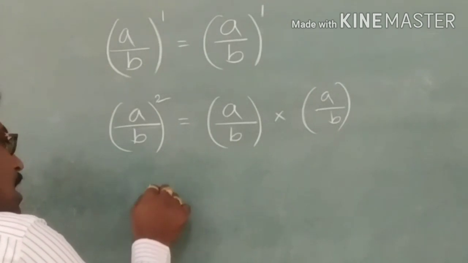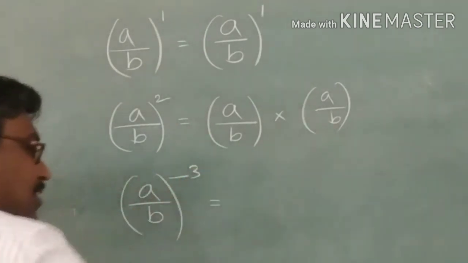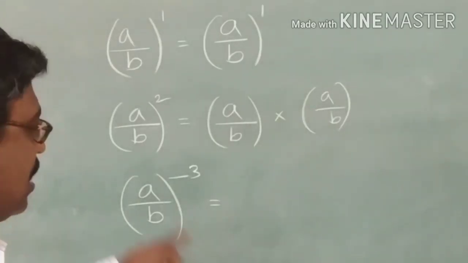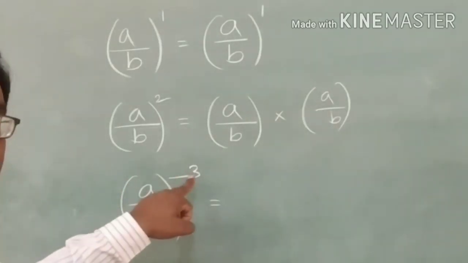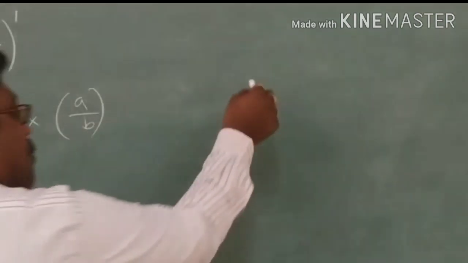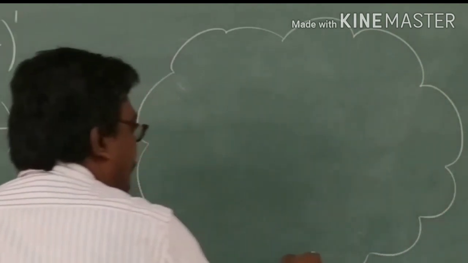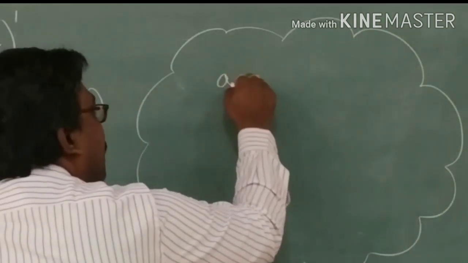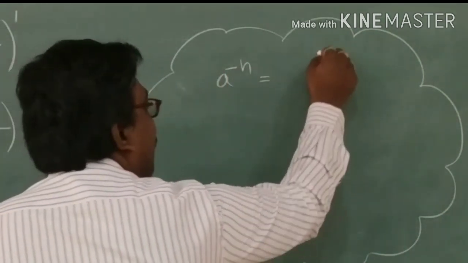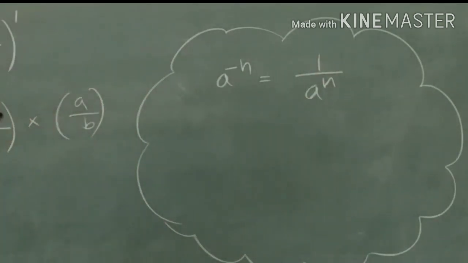Like (a/b) to the power of minus 3 is there. Now, we have a formula for the expansion of this: a to the power of minus n is 1 by a to the power of n.